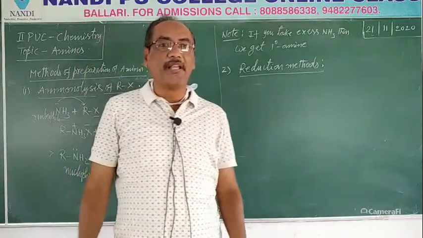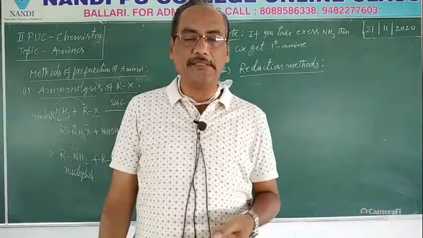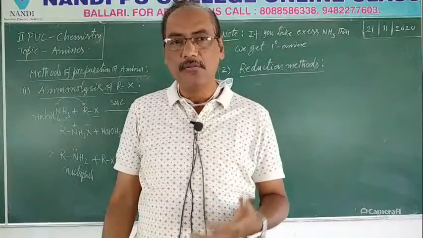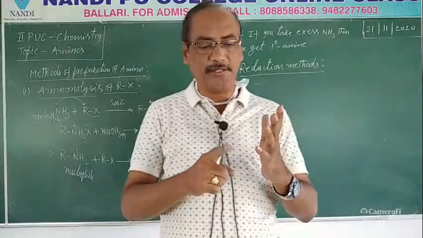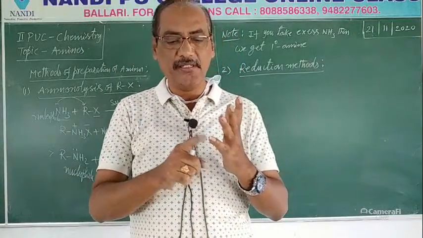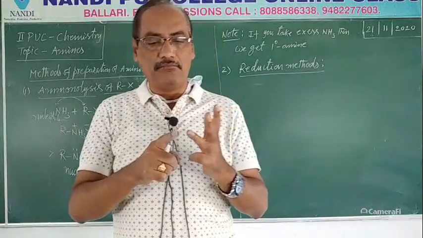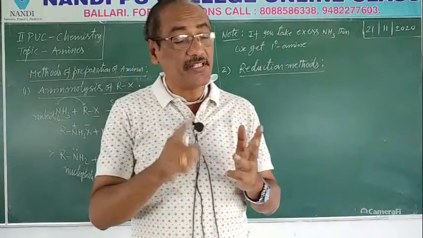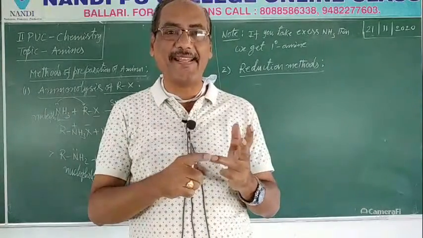Reduction methods. There are so many reduction methods in which we get amines. We have many reducing agents. The strongest reducing agent is lithium aluminum hydride, and again hydrogen in presence of a catalyst, that is H2/Pd, H2/Pt, H2/Ni.